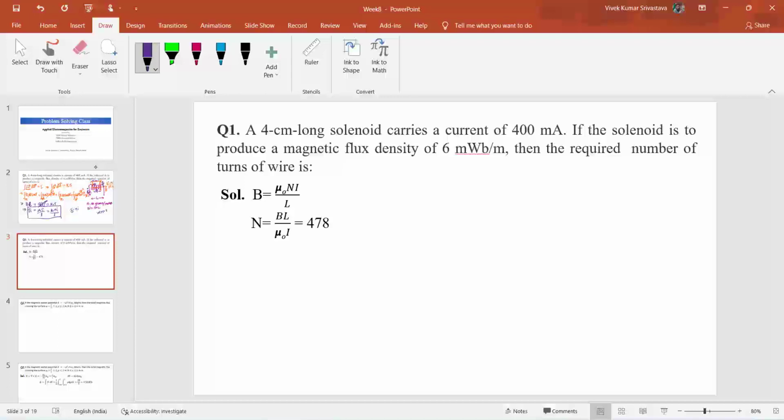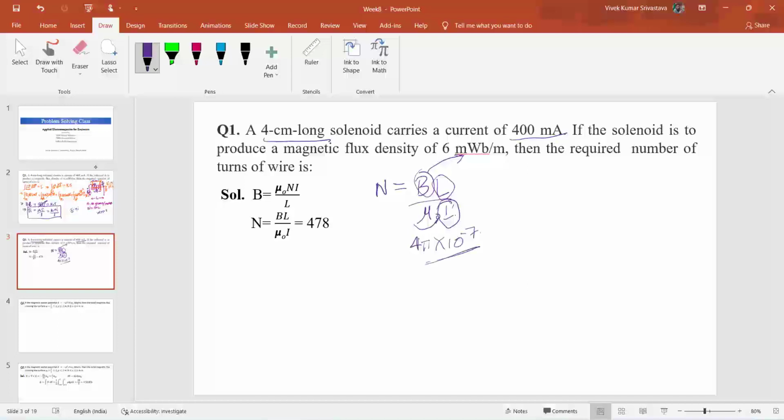We will determine the value of n using this expression, so n will be equal to B l by mu naught into i. The value of B is given here. The total length of the solenoid is given in the question, that is 4 centimeters. The current is also given, that is 400 milliamperes, and the value of mu naught, as we all know, is 4 pi into 10 raised to the power minus 7.